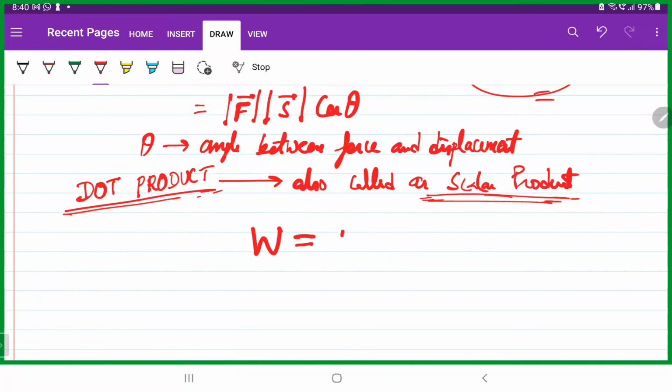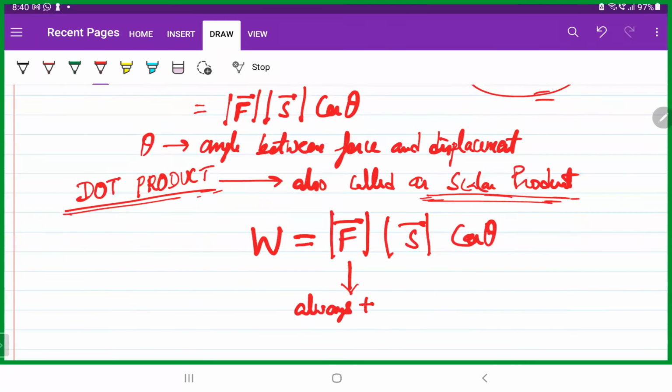Now let's concentrate again on the work done: F dot S, magnitude of force, magnitude of displacement, and cos theta. Remember, the magnitude of any vector quantity will never be negative, so it is always positive. Similarly, the magnitude of displacement will always be positive.